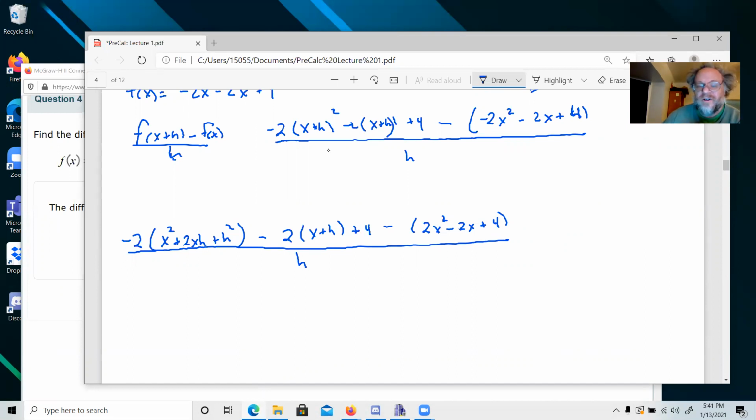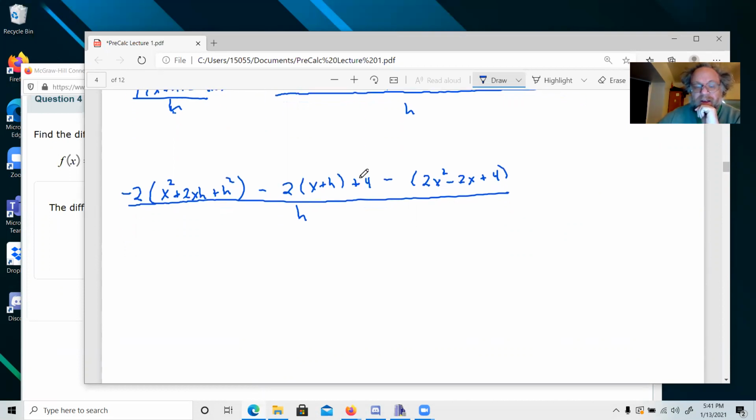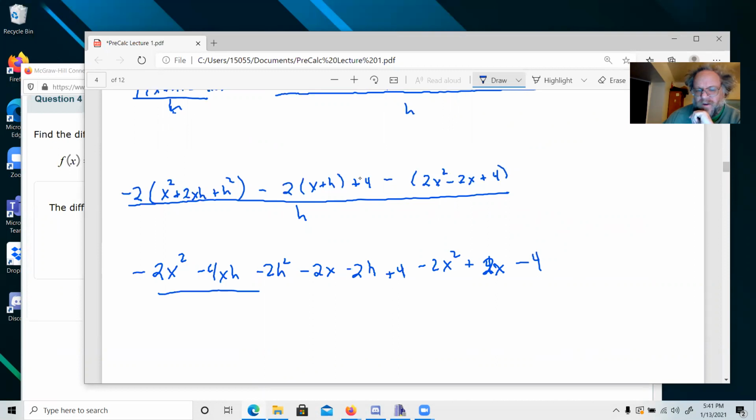My second step is, notice there's a lot of distributing that has to get done here. So what we're going to do here, -2x squared minus 4xh minus 2h squared minus 2x minus 2h plus 4 minus 2x squared plus 2x, rather, plus 2x minus 4, all divided by h.